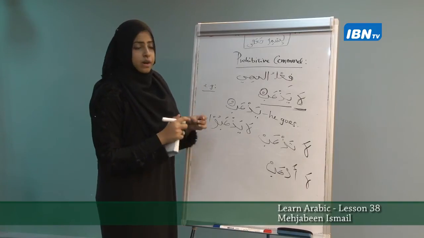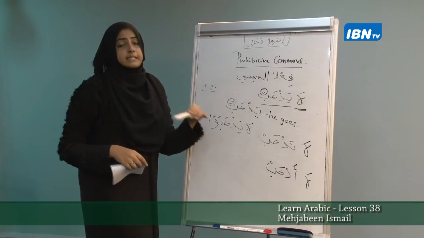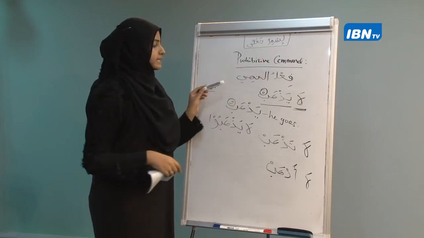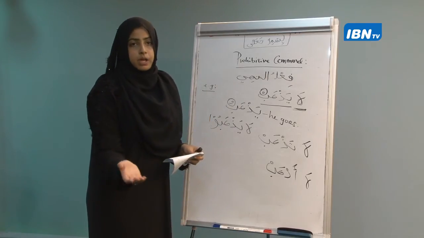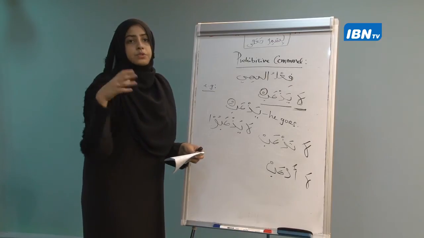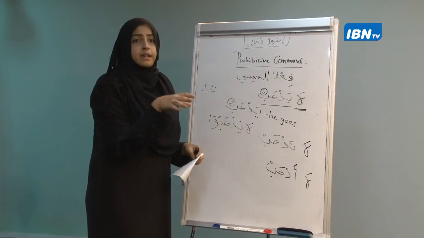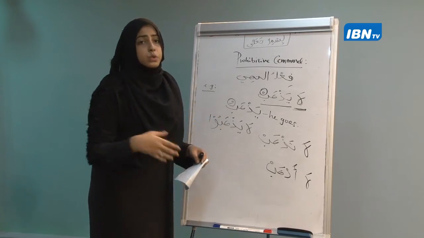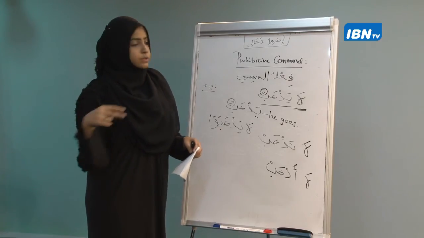It's not only used for third person, but the imperative command that we had done, that is the fi'lul amr, is only used for the second person, like how we had said. For example, uktub. Okay, I'm commanding him to write. Uktubi, I'm commanding you, female, to write. Uktuba, I'm commanding you two, masculine or feminine, to write.